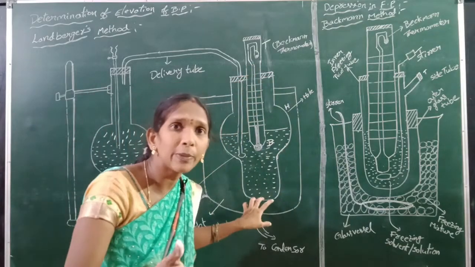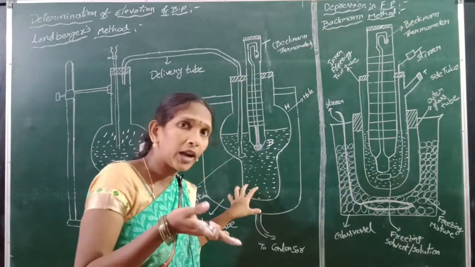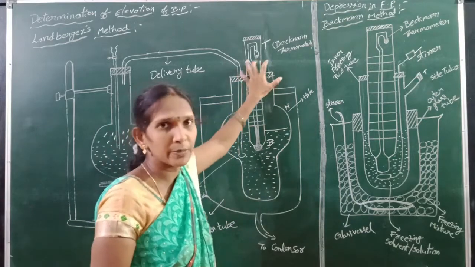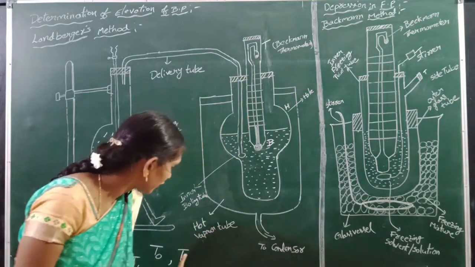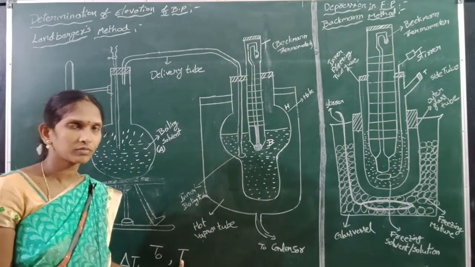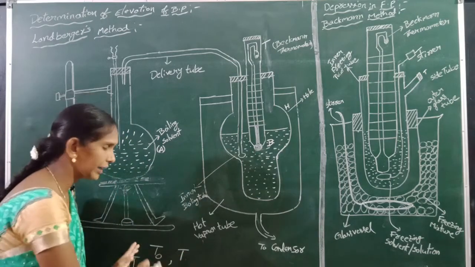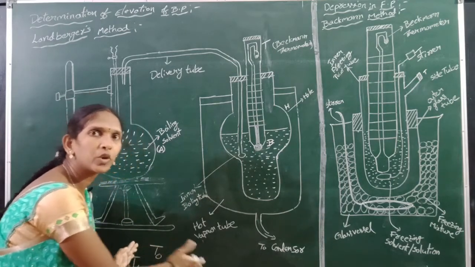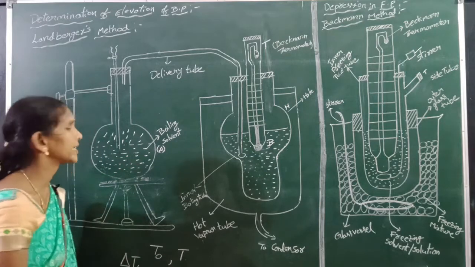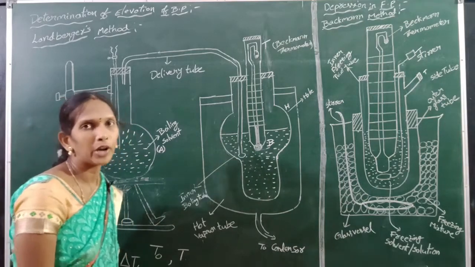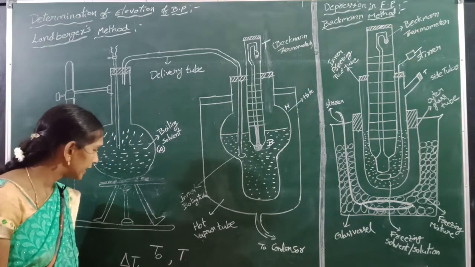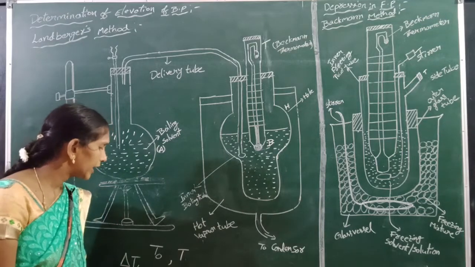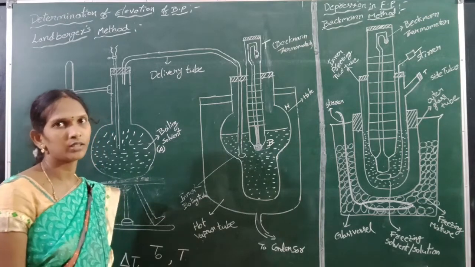The temperature at which the solution boils, at constant temperature, is the temperature of the solution, T. The difference between these two temperatures is known as elevation of boiling point, that is delta TB is equal to T minus T naught.